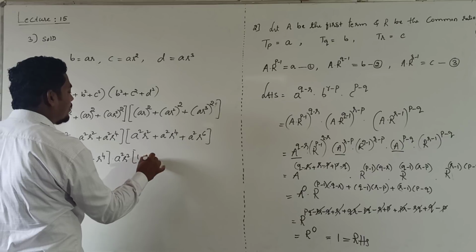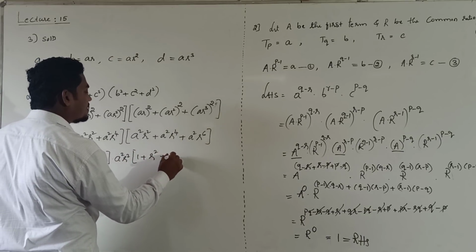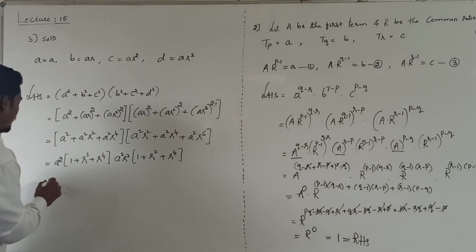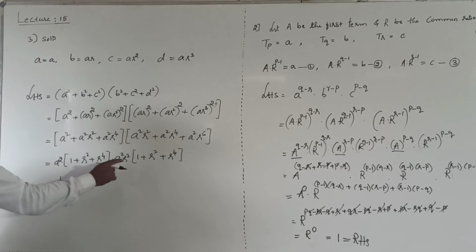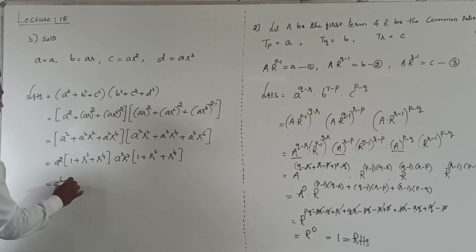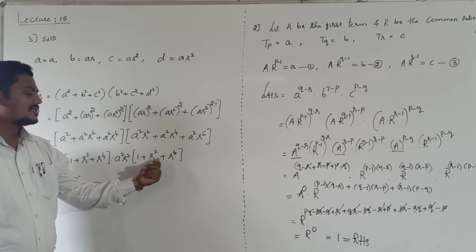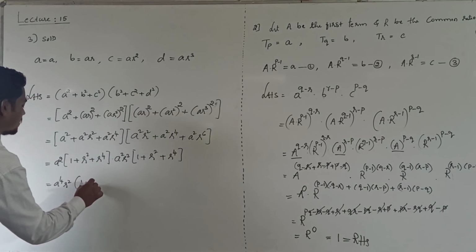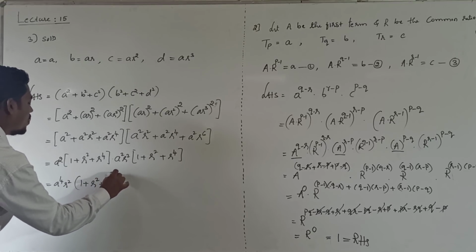Then it will be 1 plus r square plus r power 4. After that, a square into a square is a power 4, into r square into (1 plus r square plus r power 4) whole square.